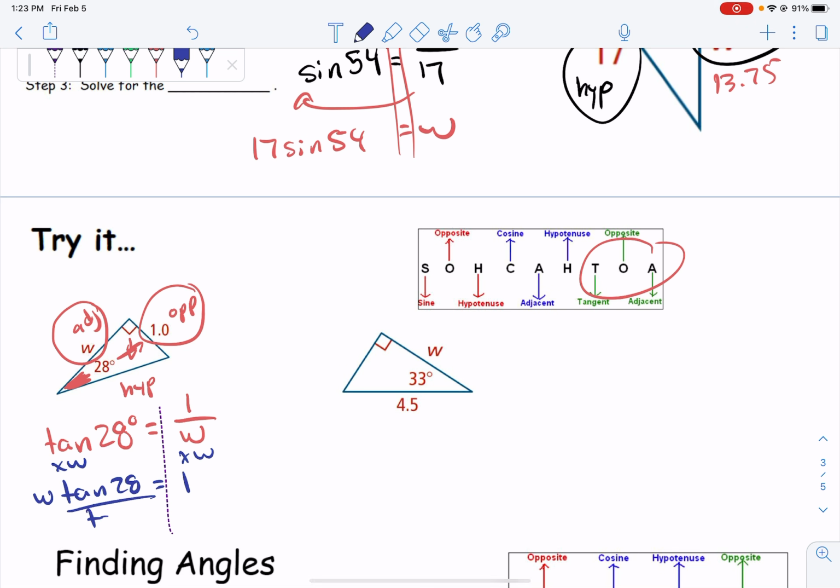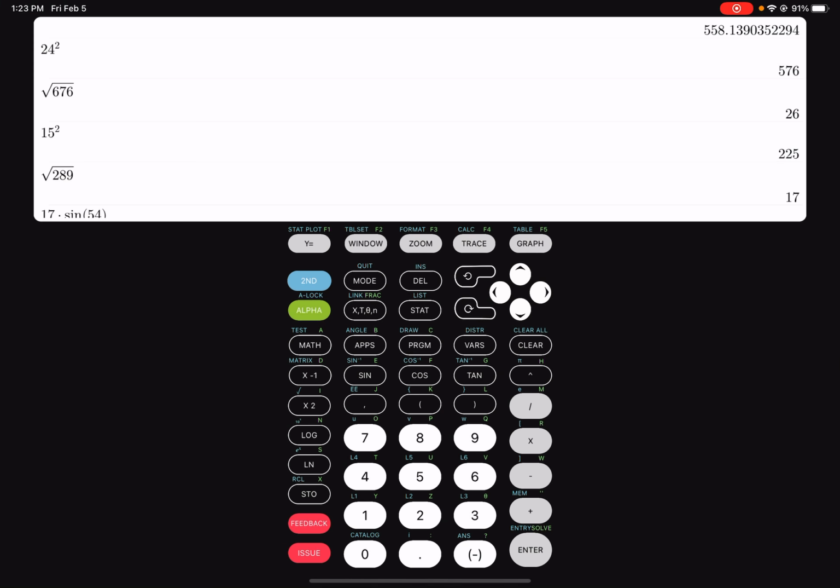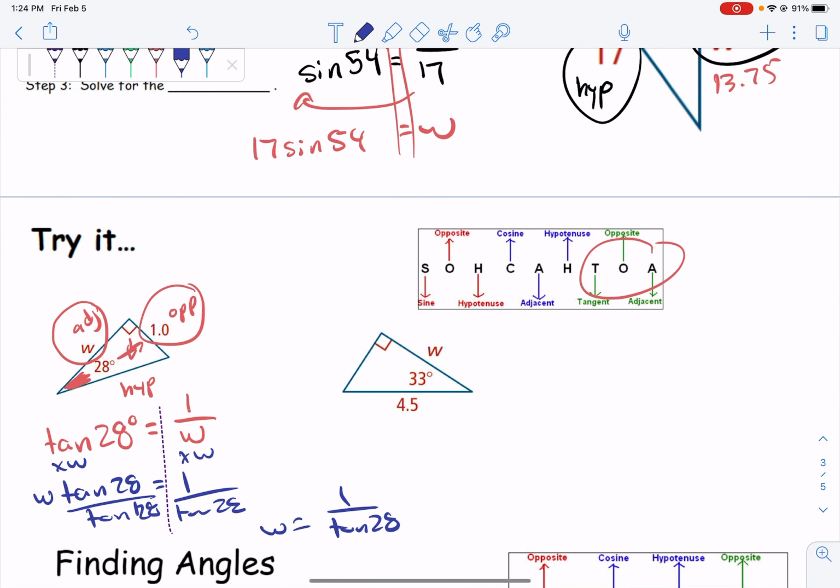So I'm going to divide by the tangent of 28, both sides. So that gives me W equals 1 divided by the tangent of 28. So if I go to my calculator, 1 divided by tangent is right above the 9, 28 degrees, enter, is 1.88. So I get W equals 1.88, which seems reasonable. If my short side is 1, W's 1.88. That seems like a reasonable answer to me.